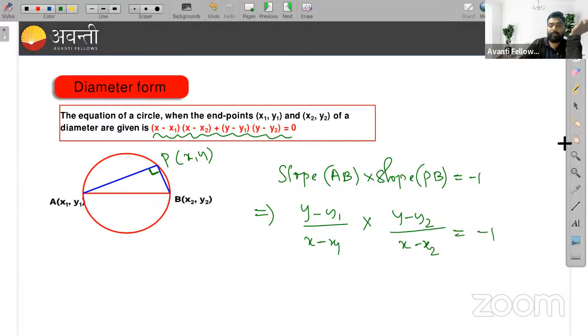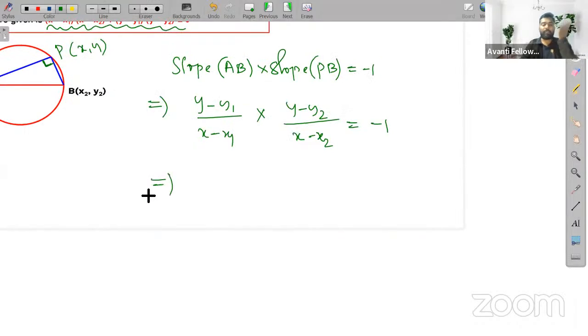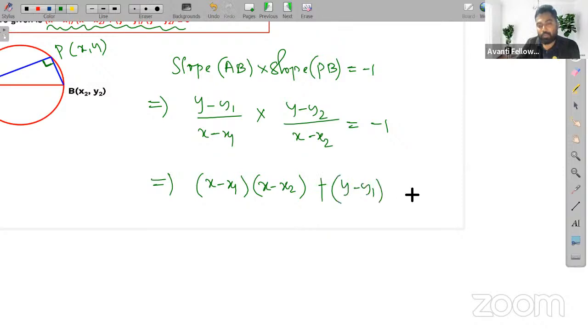Now simplify: cross multiplying, we get x minus x1 into x minus x2 plus y minus y1 into y minus y2 is equal to 0.